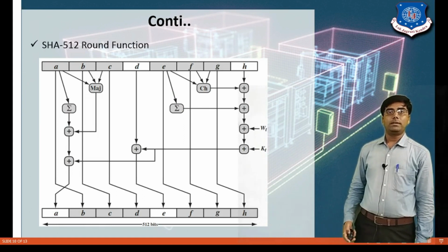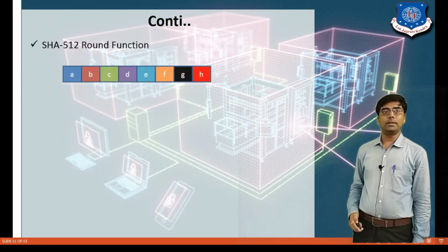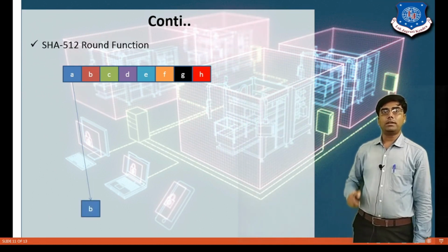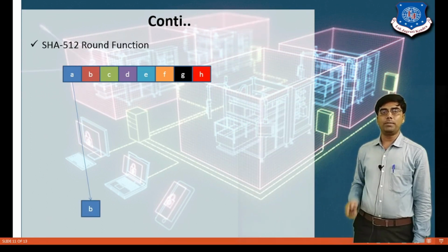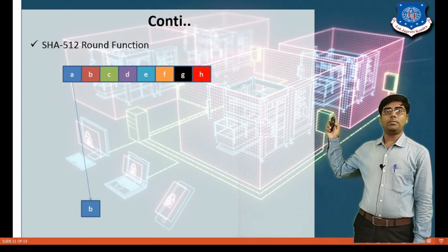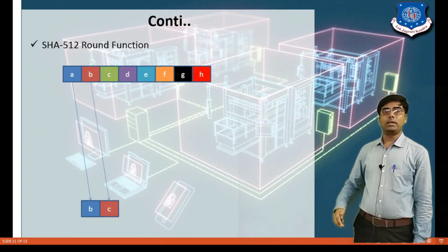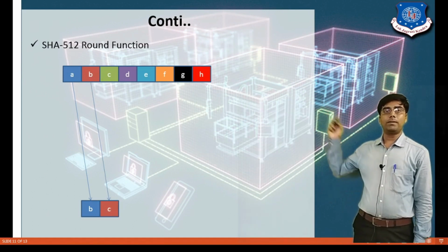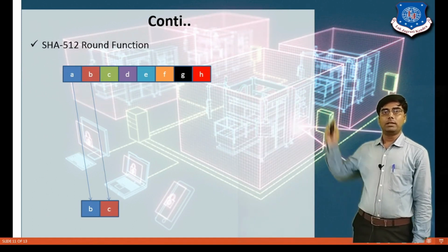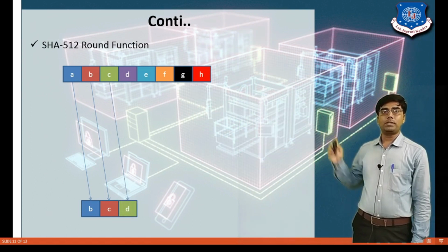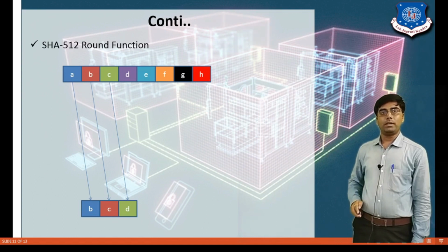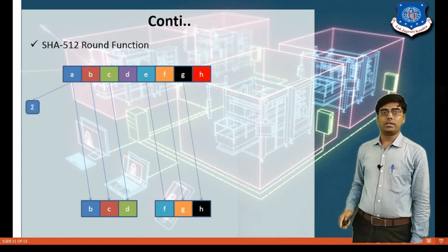In the next figure you can see the buffers A, B, C, D, E, F, G, and the content of A is assigned to buffer B. The same thing, the content of buffer B is assigned to buffer C. Same thing, the content of C is assigned to buffer D. So repeat these things up to G.